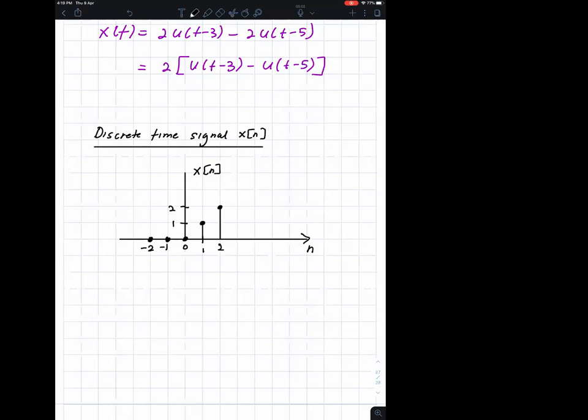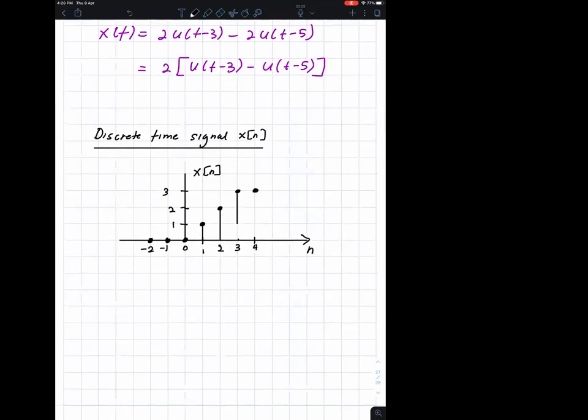Signal level at 3 and 4 is 3. And then signal level at 5 is 0.